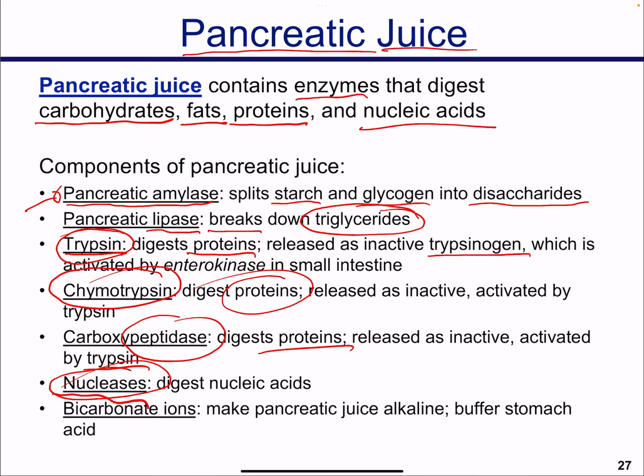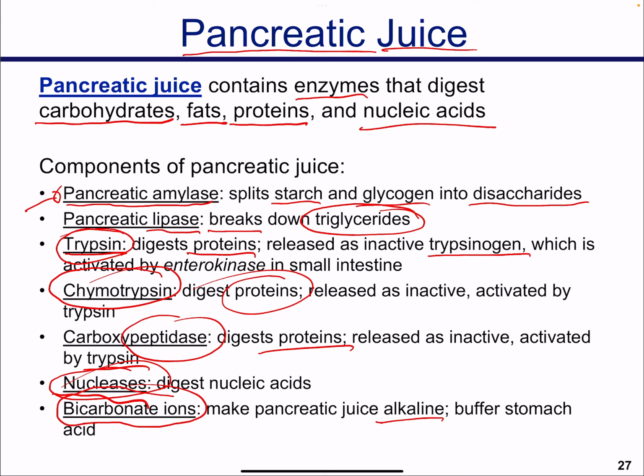And then you are going to have some buffer, bicarbonate ions. The bicarbonate ions are going to be responsible for causing the pancreatic juice to be alkaline, okay? This is essential because the chyme that comes from the stomach is acidic, right? Remember, hydrochloric acid is produced in the stomach, so the chyme is acidic there.